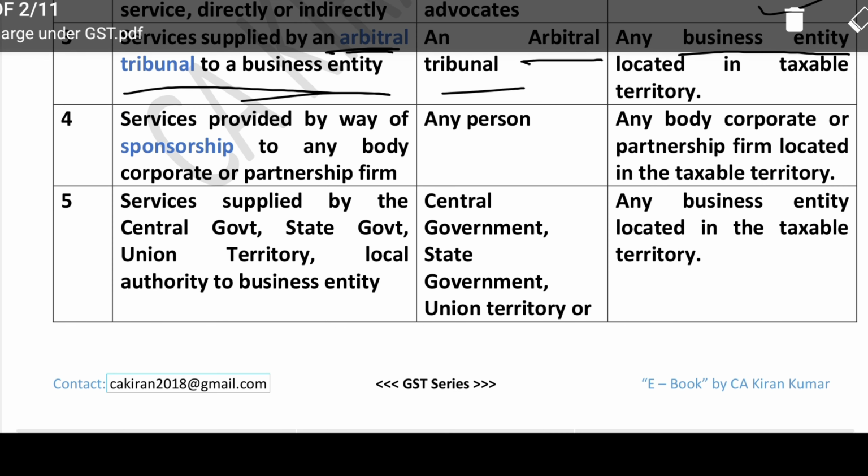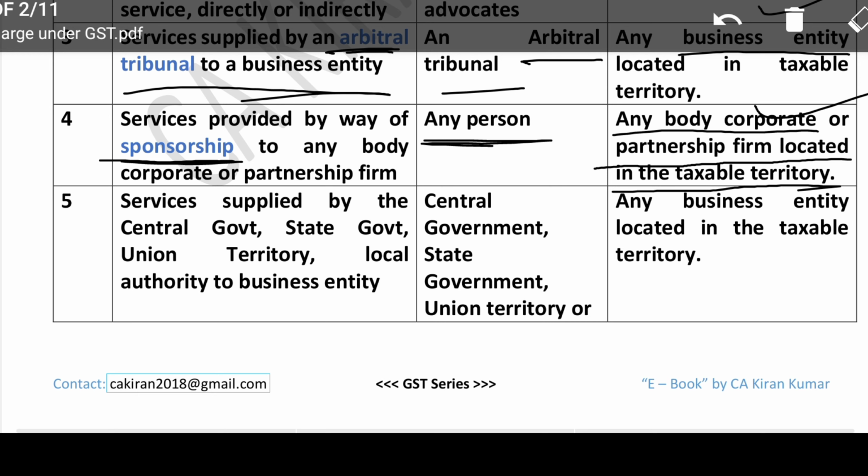And number 4, sponsorship services. Any sponsorship services provided by any person to any body corporate or any partnership firm located in the taxable territory, then this body corporate or partnership firm is liable to pay GST on RCM basis.